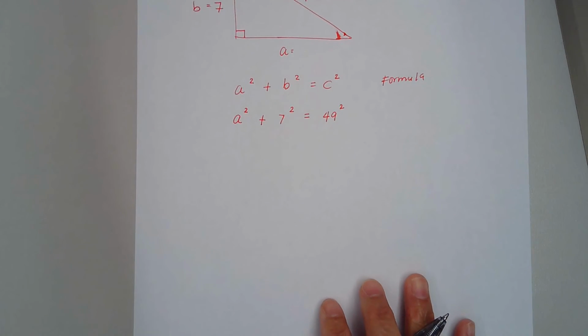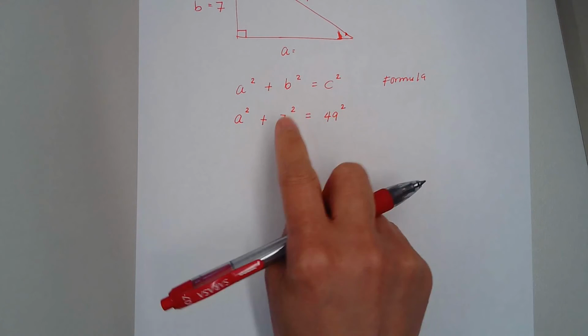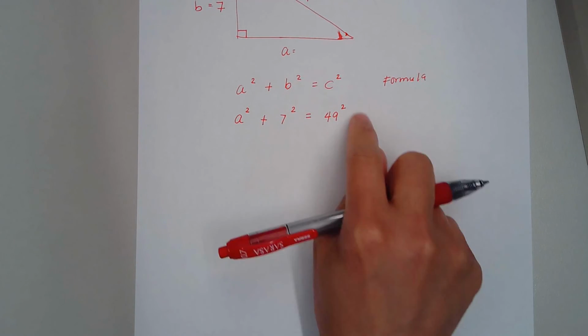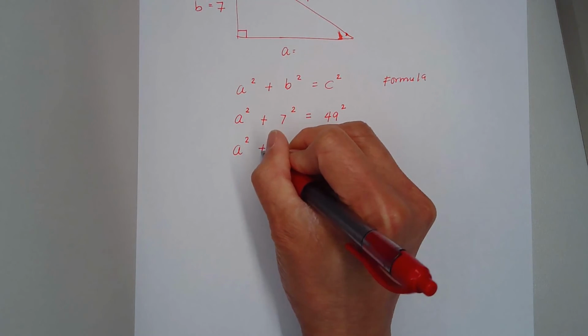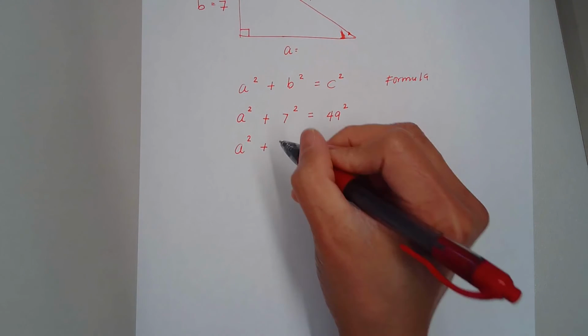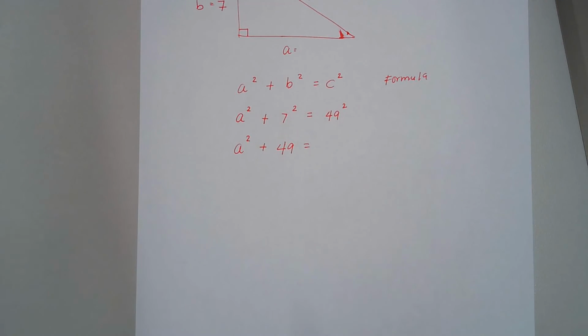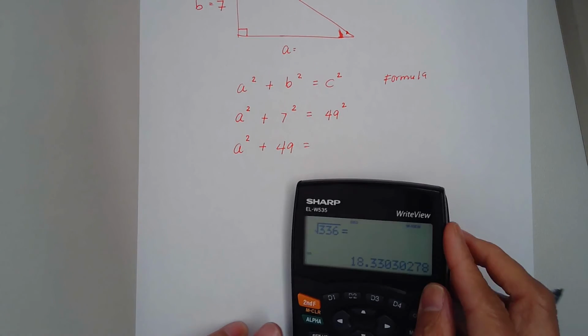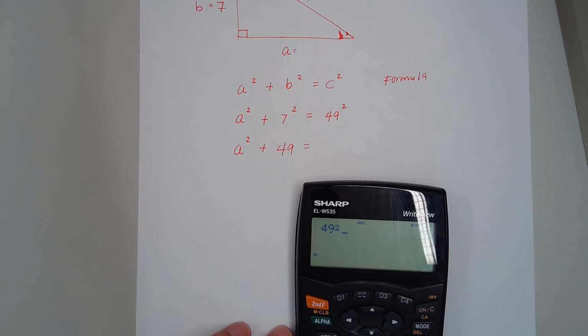Okay. Now, let's work out these numbers. What's 7 squared equal to? 49. And what's 49 squared? It's going to be probably a big number.